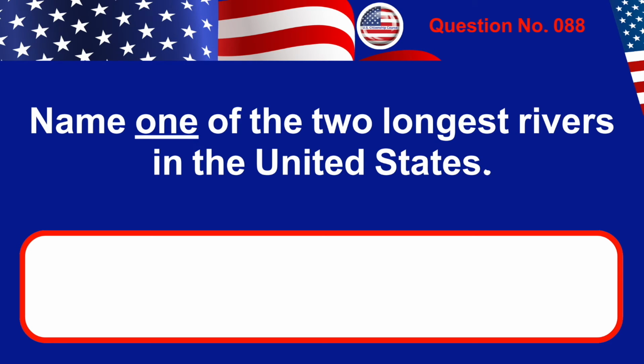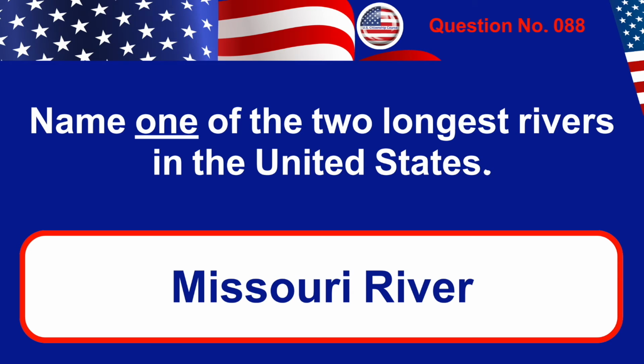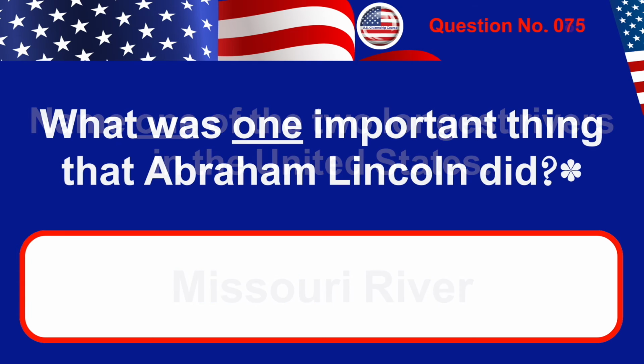Name one of the two longest rivers in the United States. Missouri River. What was one important thing that Abraham Lincoln did?